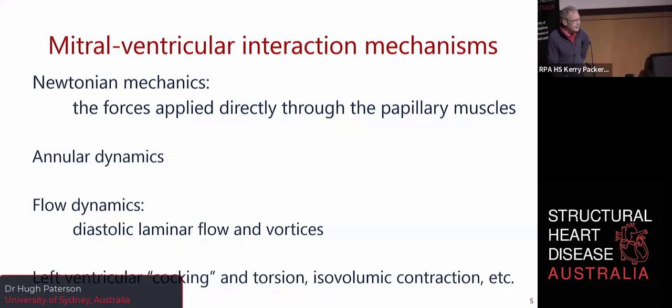When we do that, we abolish quite a substantial portion of the forces applied directly through the papillary muscles. We immobilize the annulus. Taking out the anterior leaflet affects the transmitral flow dynamics, which improve the efficiency of the heart. And we also know that it interferes with the cocking and torsion of the ventricle.